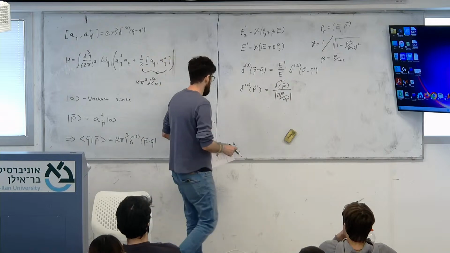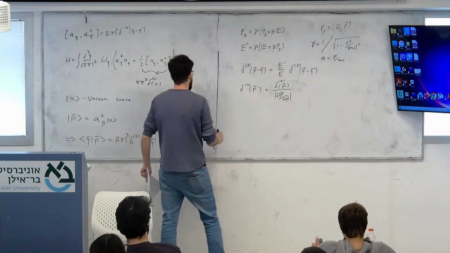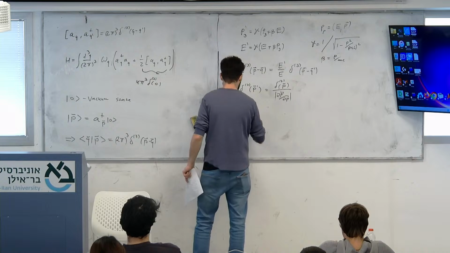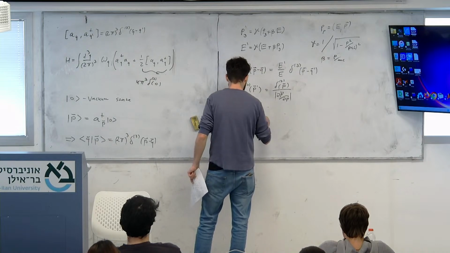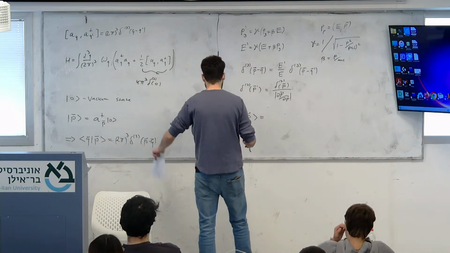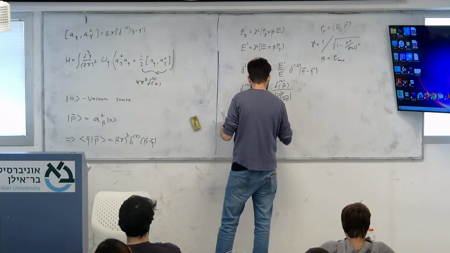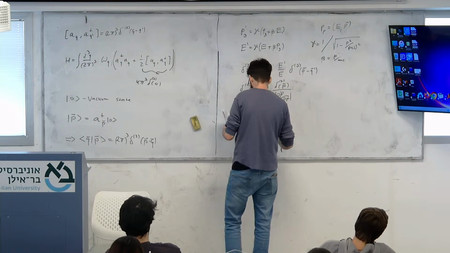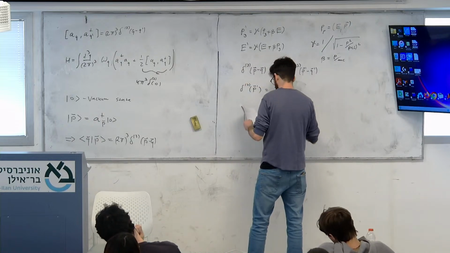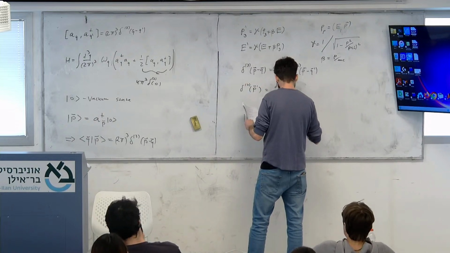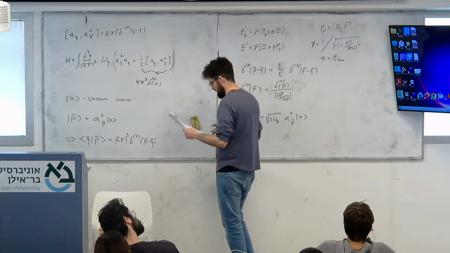So to fix this, what we say is that the state P that we want to define is square root of 2 omega P, which is our A dagger P acting on the vacuum.